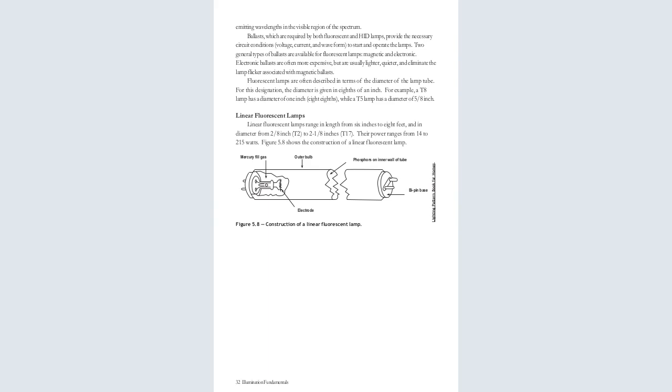Two general types of ballast are available for fluorescent lamps, magnetic and electronic. Electronic ballasts are often more expensive, but are usually lighter, quieter, and eliminate the lamp flicker associated with magnetic ballasts. Fluorescent lamps are often described in terms of the diameter of the lamp tube. For example, T8 means a lamp with a diameter of 8 eighths of an inch.